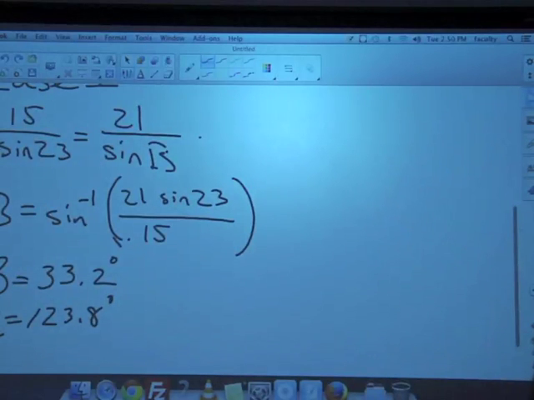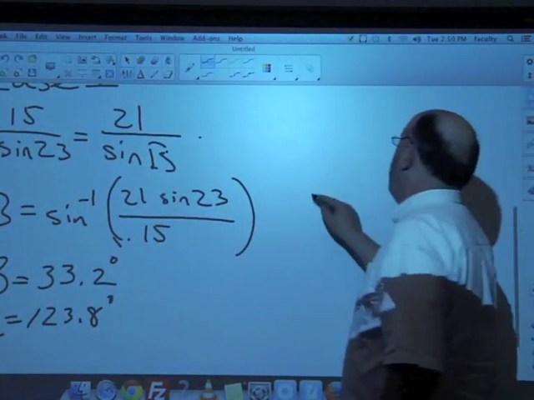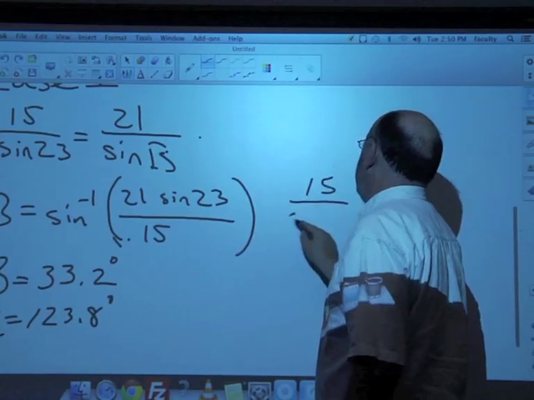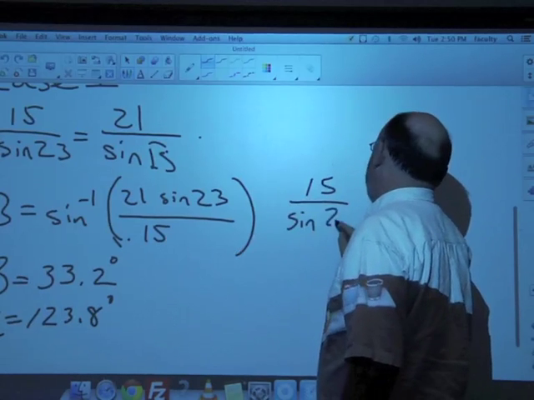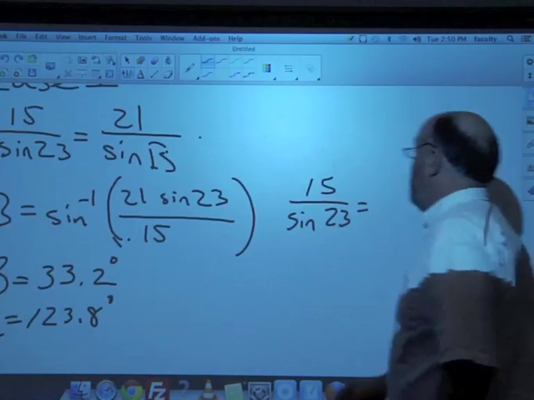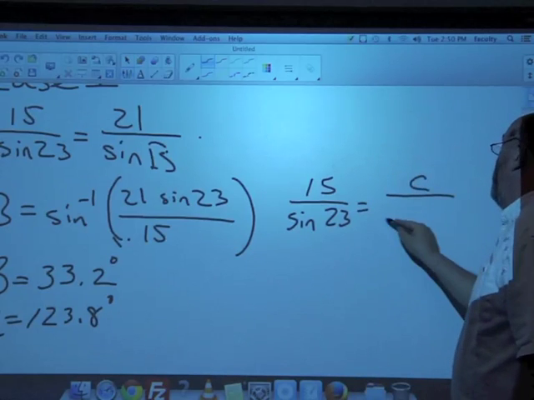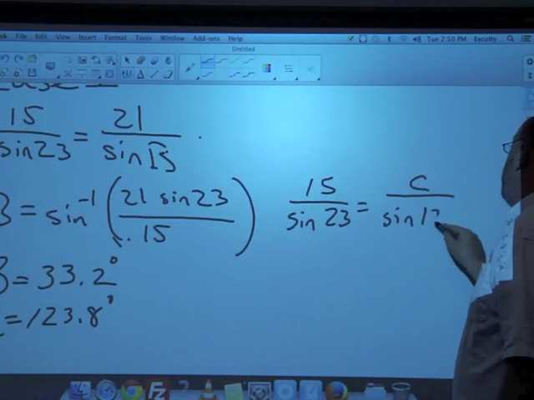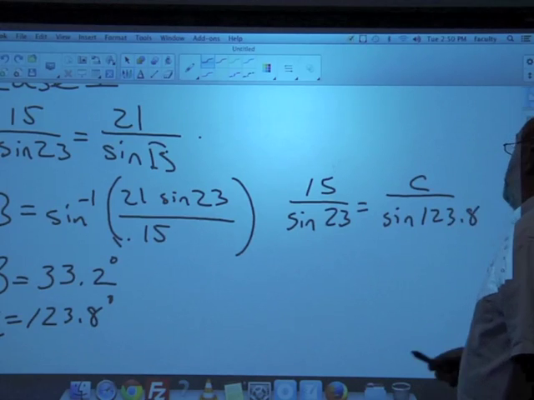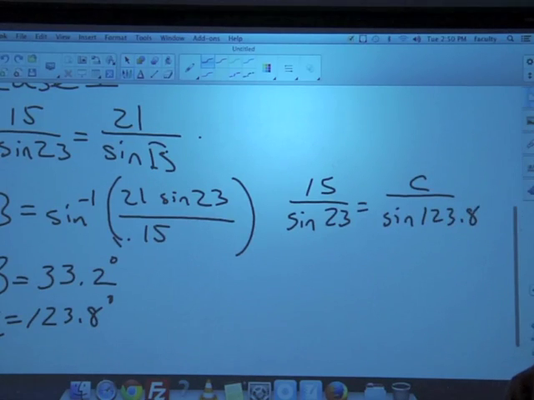And then we could find side C. We have 15 over the sine of 23 equal to C over the sine of 123.8. Again, cross multiply, divide.